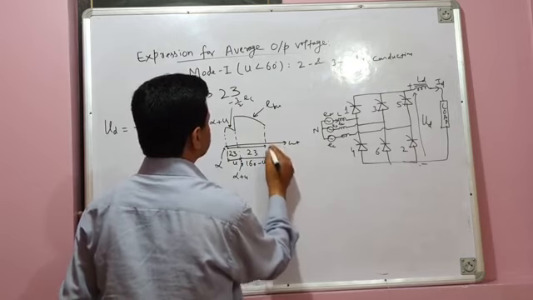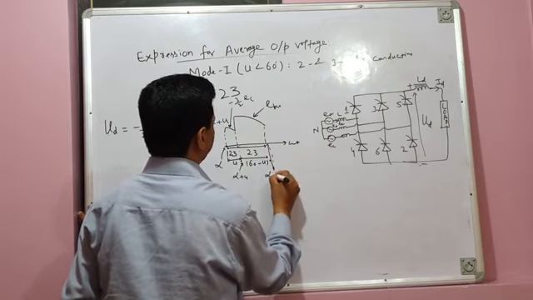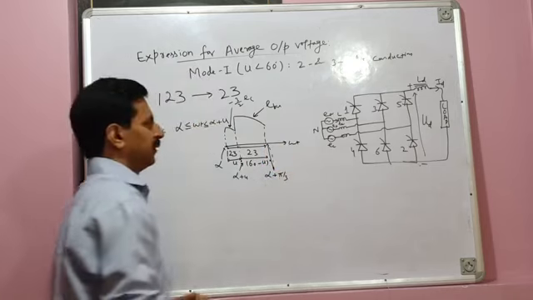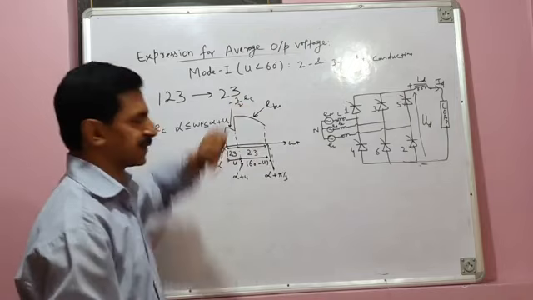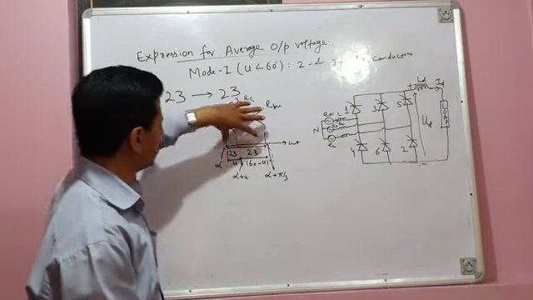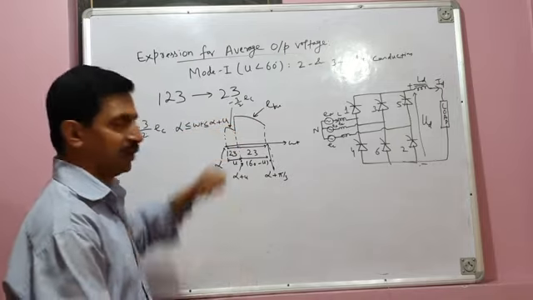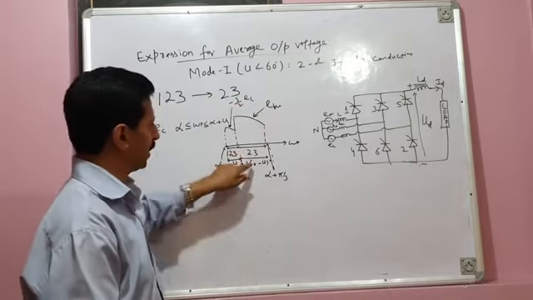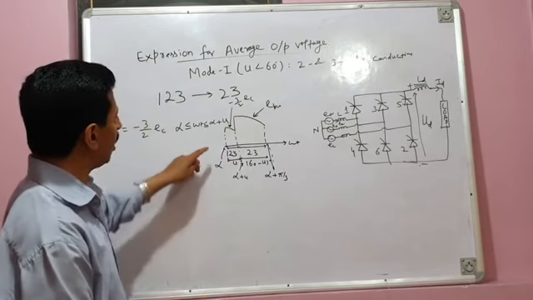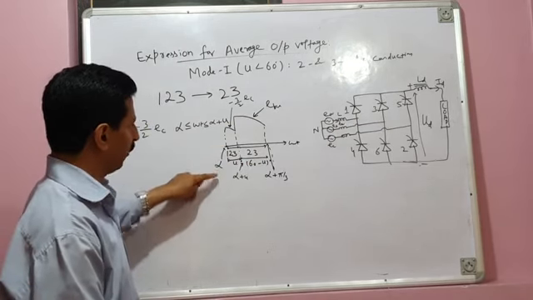And the end of this is alpha plus pi by 3, because this total segment is 60 degrees. In this total 60 degree interval, 3 valve conduction is there for U degrees and 2 valve conduction is for 60 minus U degrees. That means you are firing valve 3 at alpha.